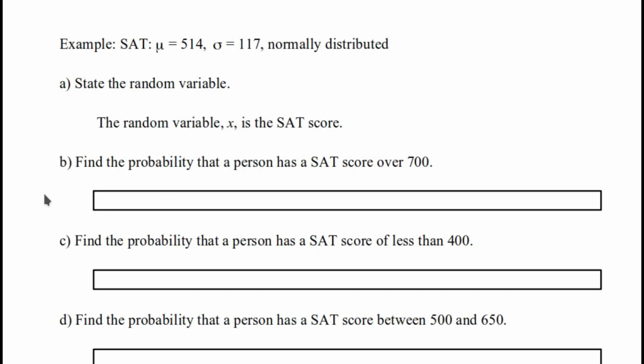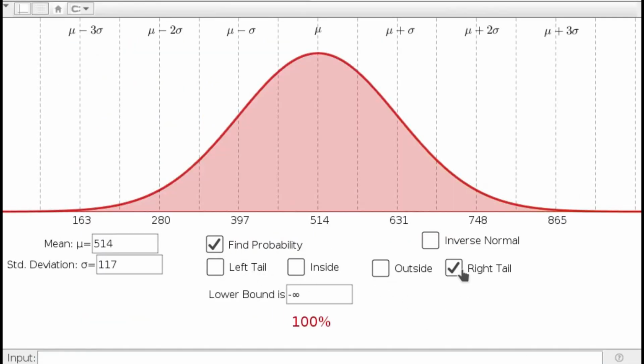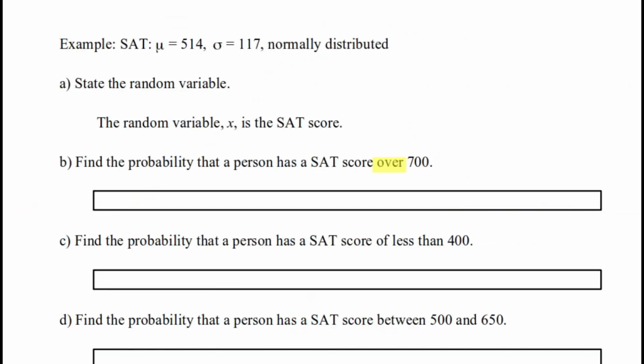Find the probability that a person has an SAT score over 700. Of course, over means to the right of, that is being greater than. So we're interested in finding a probability that we're right tail and that we're above 700. So it looks like about 5.6% of people who take SAT exams will earn a score over 700.